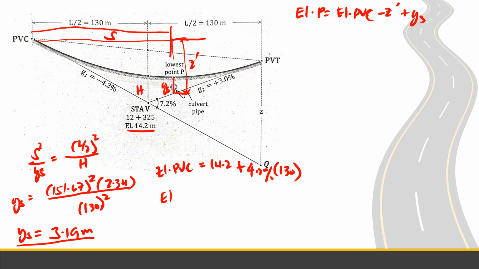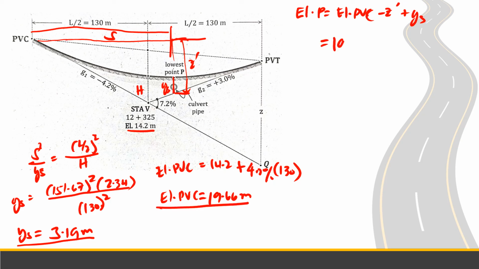So the elevation of PVC is equal to 19.66 meters.